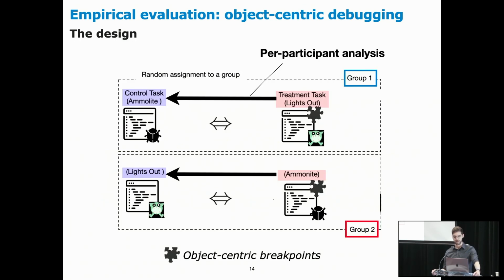Okay. As our tasks are similar in terms of difficulty, we've been able to compare the tasks in treatment versus control. And this is per participant. So this means that basically we did not consider the groups for now.